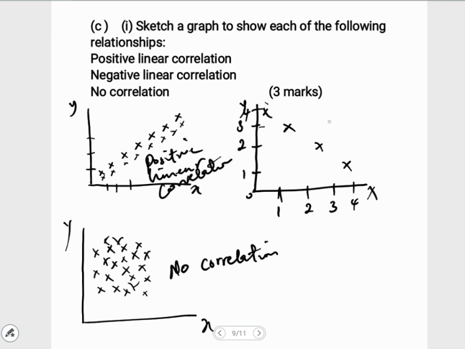And for this, we have negative linear correlation. So this is about sketching a graph to show the relationship between two sets of data.